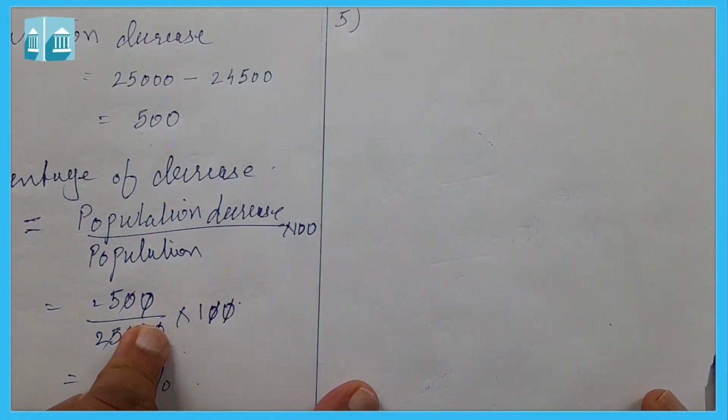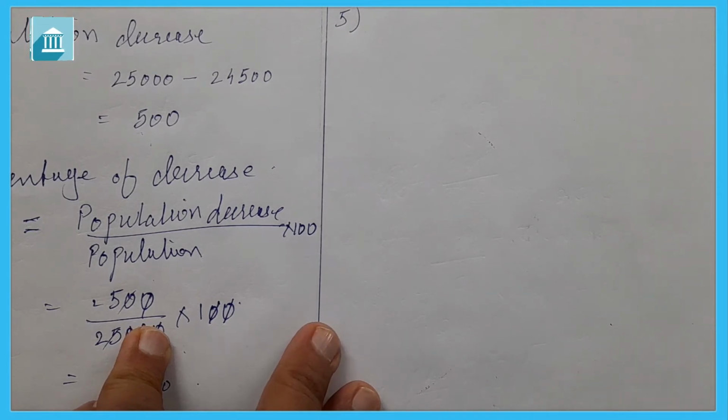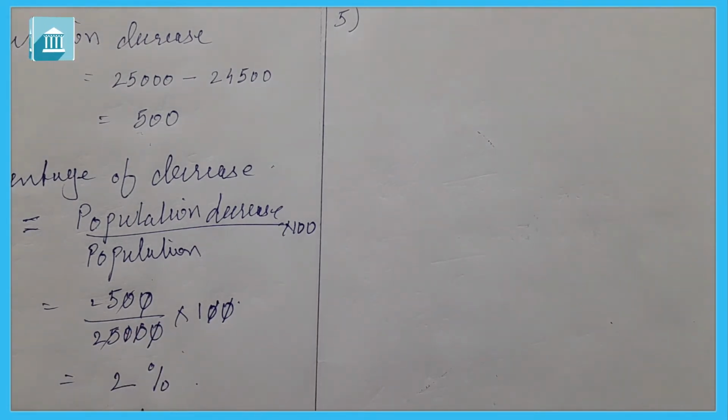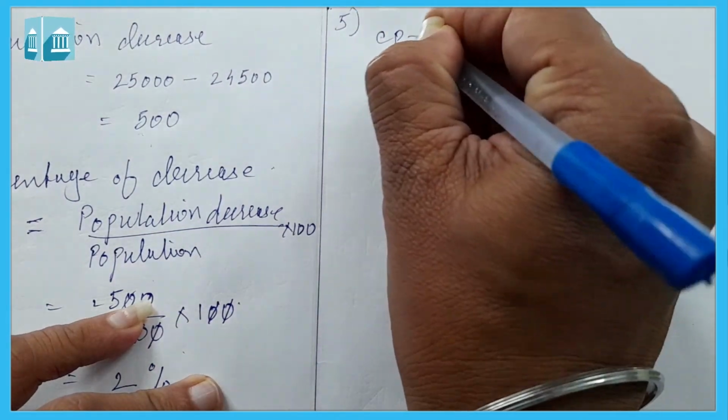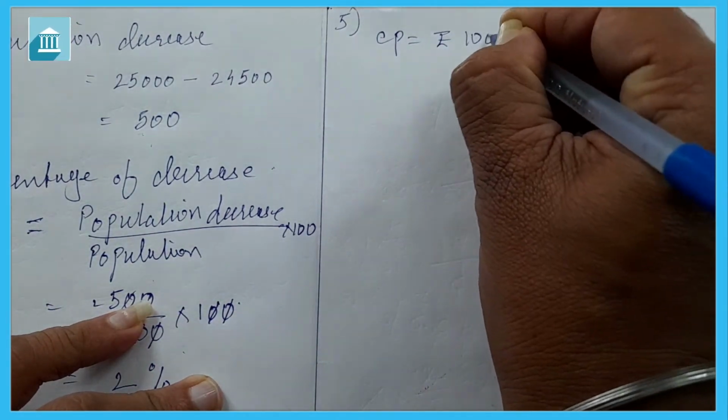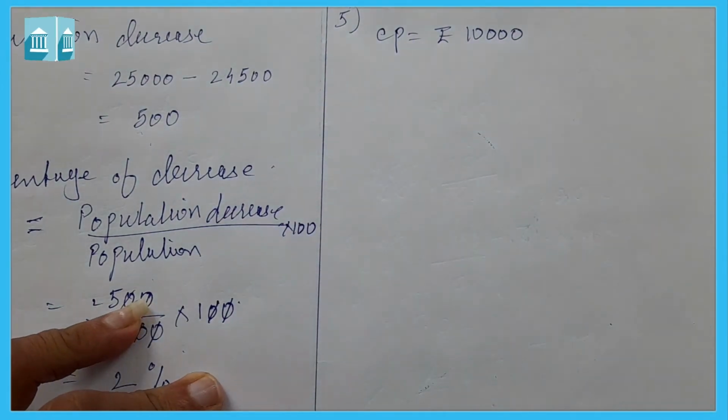Question number 5 is, if I buy a TV for 10,000 and sell it at a profit of 20%, how much money do I get for it? Now first we have to find out what is given. Here he has bought a TV, means CP is given, rupees 10,000.